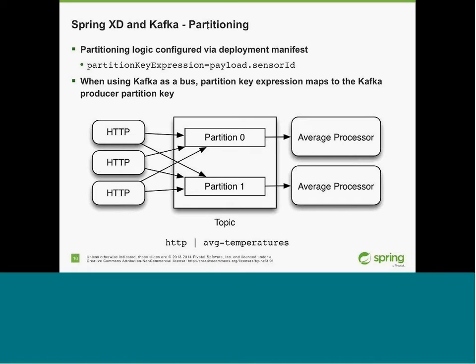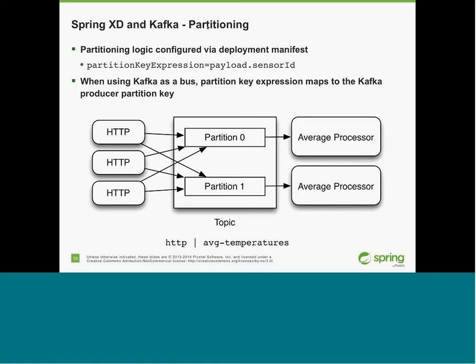Obviously, this is supported for other types of buses as well, like Rabbit, for instance. But in the case of Kafka, the important part is that this support actually uses the native partitioning abilities of the middleware.